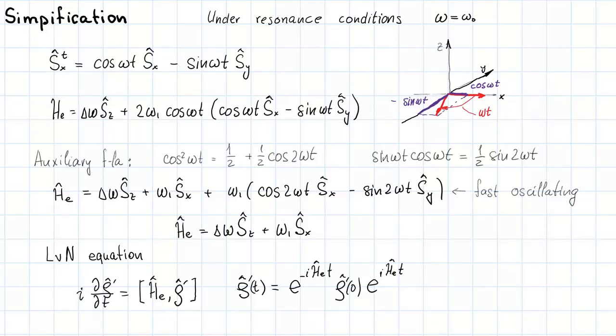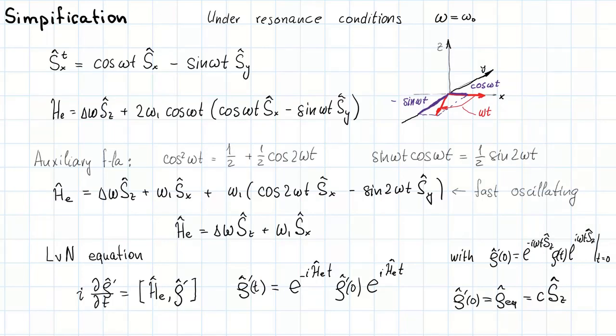The rho prime of 0 can be determined using the formula relating rho prime and rho, shown above. It yields... With this, it can be easily shown that rho prime of 0 is equal to rho equilibrium, that is, C Sz.